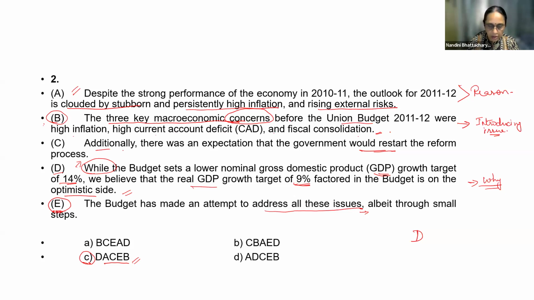Let's see whether D would be introductory or B would be introductory. So this is raising a concern. So if we take this as introductory, additionally, there was an expectation that the government would restart the reform process. Now, this is talking about the expectation that the government would restart a reform process.